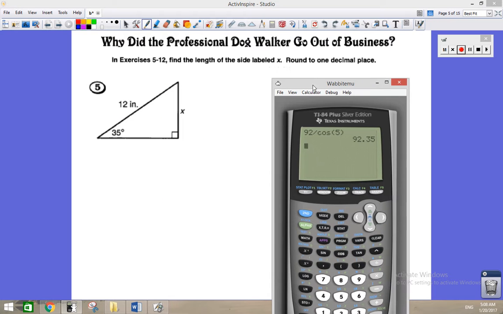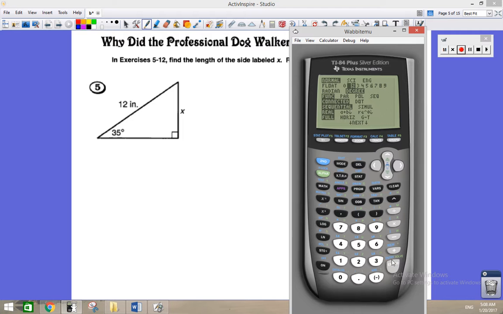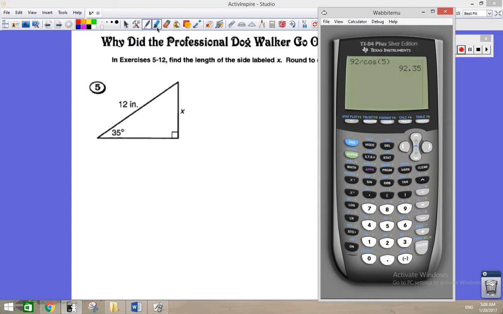So the directions have changed here. They want me to round to 1 decimal. And at least this problem is in degrees. Every triangle has 3 sides.